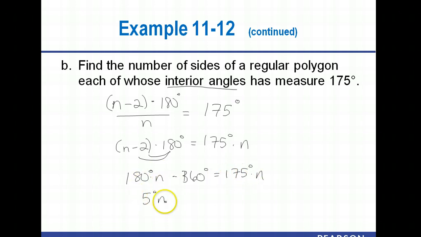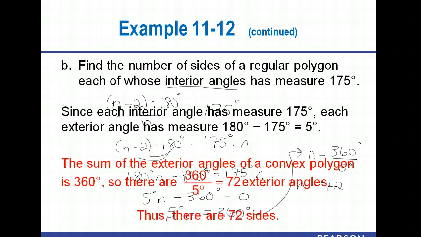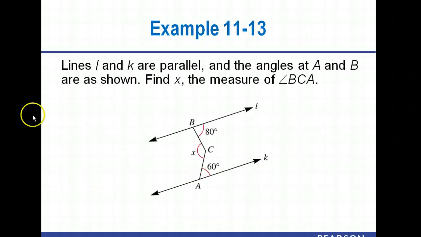So this is 5n minus 360 degrees equals 0. And so 5n equals 360. And so I get n is equal to 360 degrees divided by 5 degrees, and so n is equal to 72. Right? So what that means is that we just found out that the polygon we're working with has 72 sides, which is pretty cool. And I just did it a different way than in the slide, which is okay.